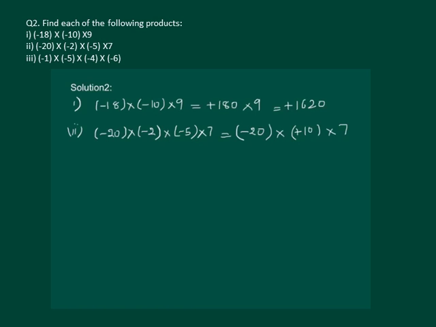It is easier to multiply minus 20 with 10. So we do so and get minus 200 into 7, which gives us minus 1400.